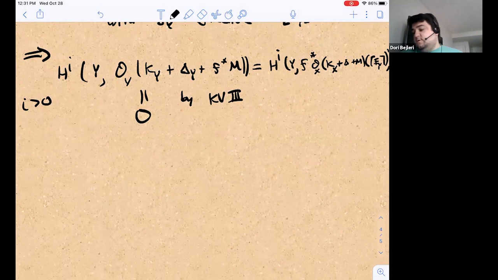Okay, but now we want to push forward and relate this to the cohomology of the thing we care about downstairs.